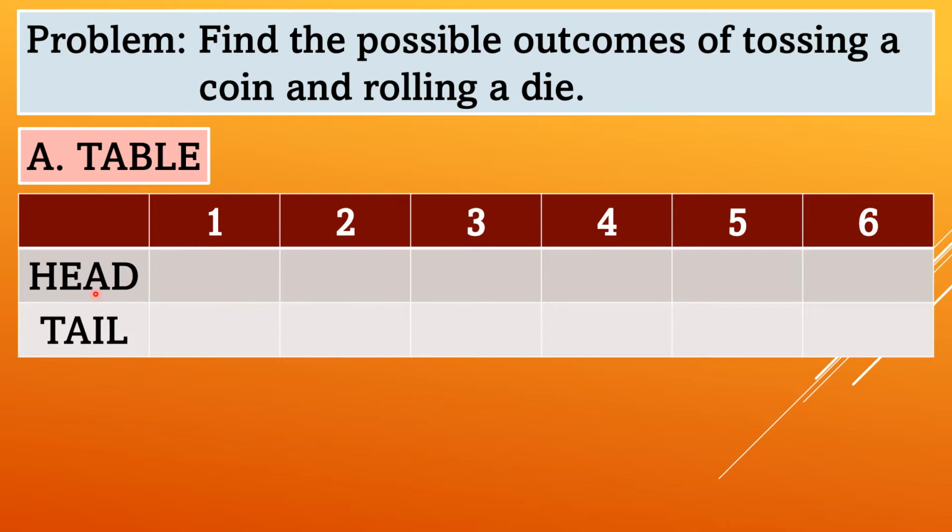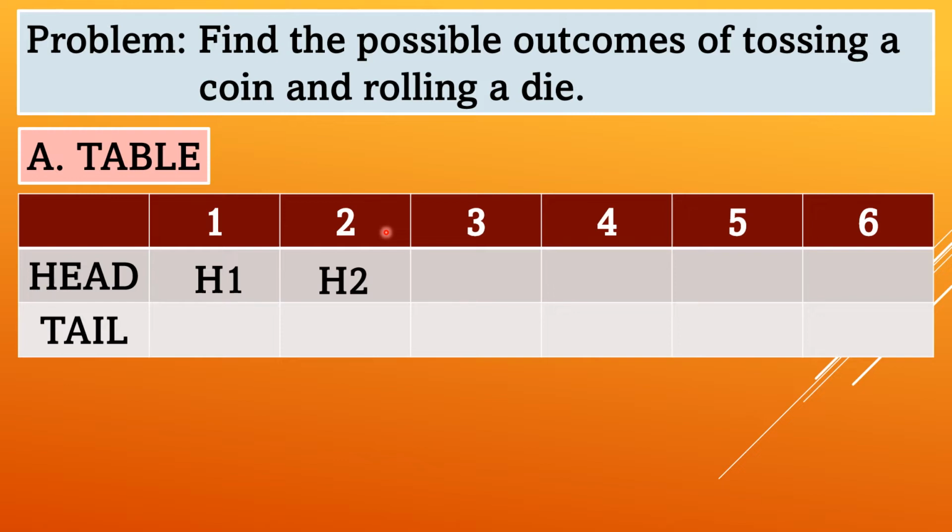So halimbawa sa unang try natin in our experiment, ang lumabas ay head sa coin and then sa die ang lumabas ay 1. So the possible outcome will be H1 or head 1. Next try, possible na lalabas is head pa rin, and then sa die, ang lalabas is 2.